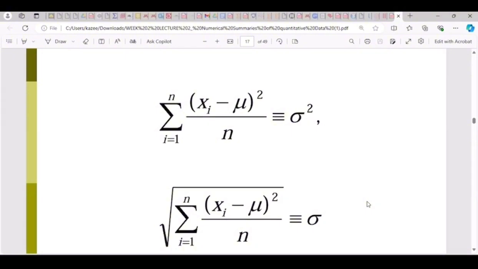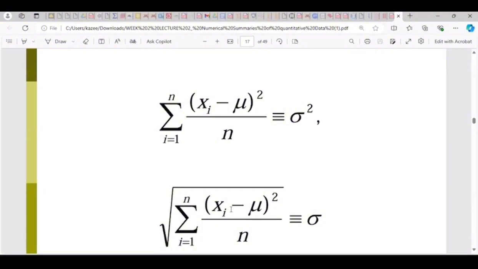That doesn't make sense. So variance doesn't have the same unit as the mean. What mathematical manipulation are we going to do to make the units the same as the mean? Find the square root. That is the essence of finding the square root.